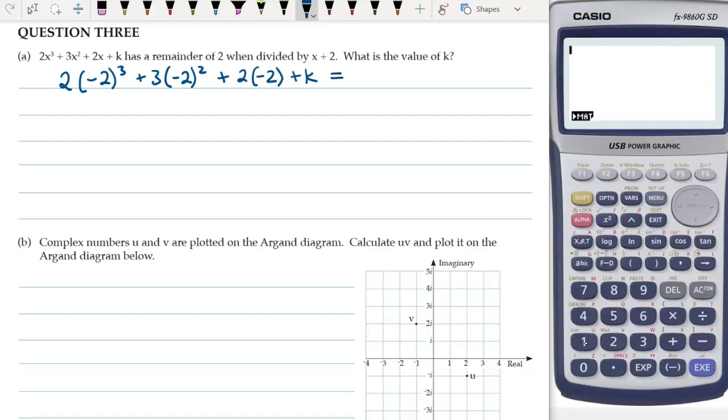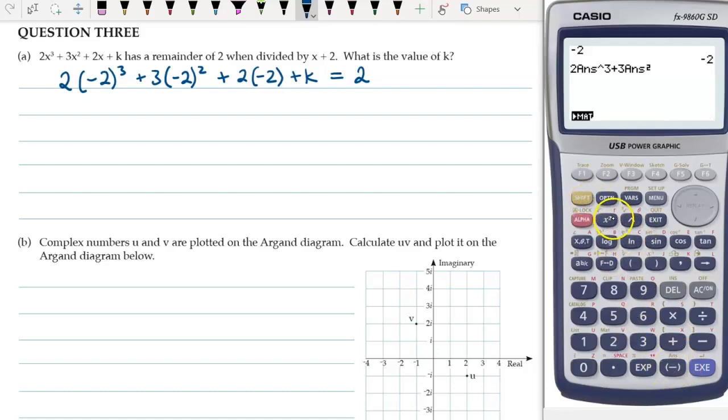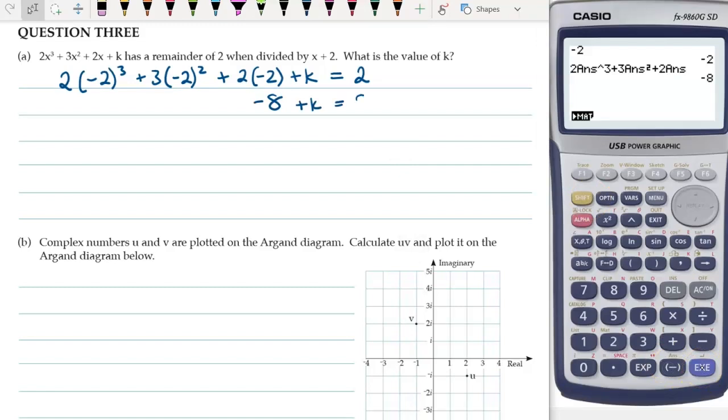And we're told that that has a remainder of 2, so this will be equal to 2. So 2 times that cubed plus 3 times it squared plus 2 times our answer. We get minus 8 plus k equals 2, so k must be 10.